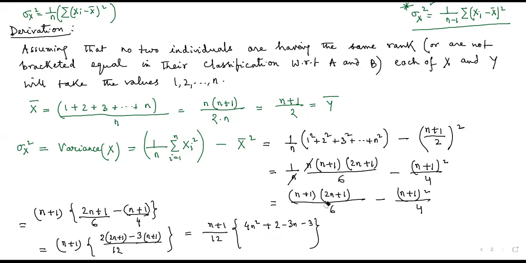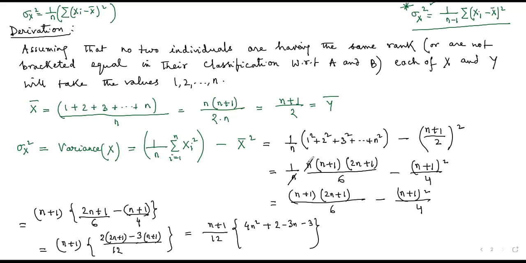Just check the calculation. If I'm making any mistake, just point it out. I'm rechecking my calculation once again. Summation xi squared is written as 1 squared plus 2 squared plus 3 squared plus up to n squared, and from this we subtract (n plus 1) by 2 whole square.